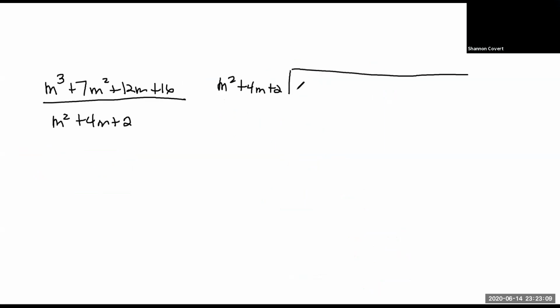On the inside, I have m cubed plus 7m squared plus 12m plus 16. M squared times m will give me m to the third. So I have m to the third plus 4m squared plus 2m.